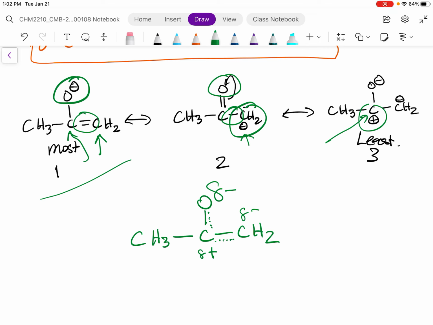So the size of the delta is informative so you can understand, what does that molecule really look like? Well, it looks like that. And so we put that into some brackets right there, and there's our resonance hybrid. All right? Any questions on that one?